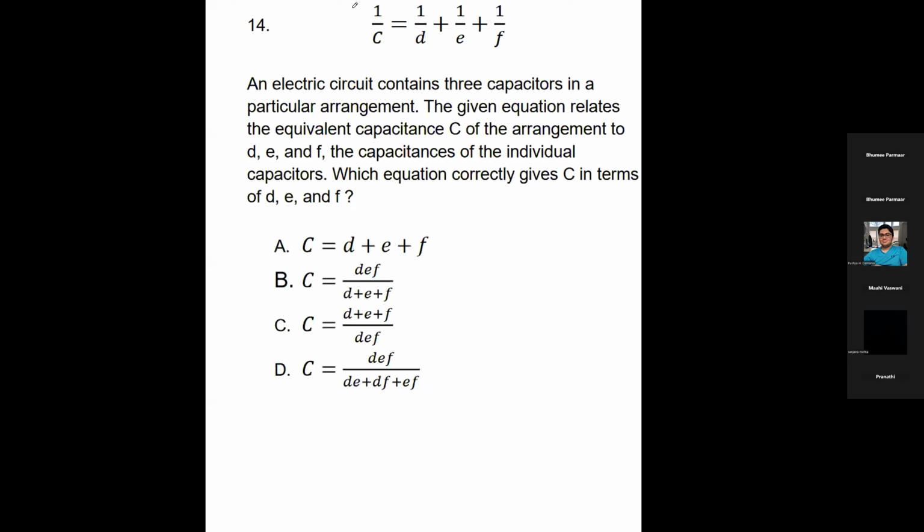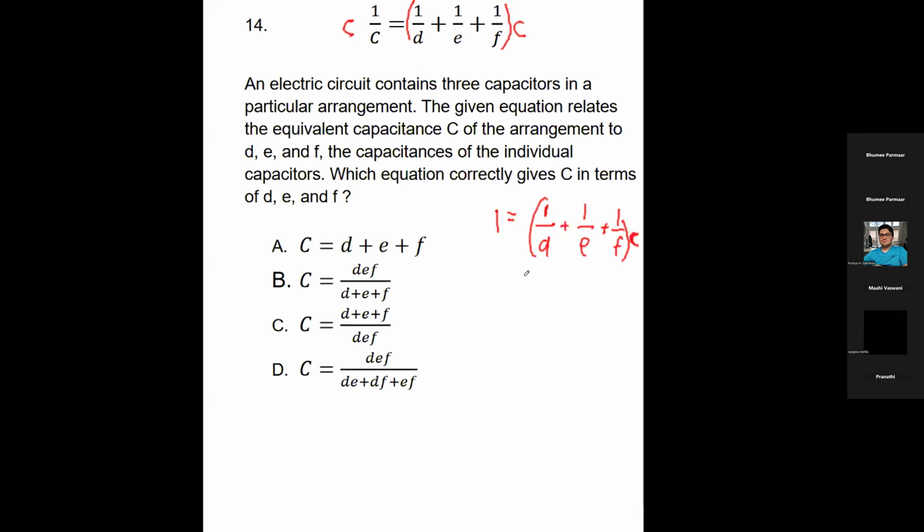So, the first thing you do is multiply both sides by C. So multiply this side by C, and then multiply all of this by C. So C times 1 over C gets you 1 equals 1 over D plus 1 over E plus 1 over F times C. So then you just have to divide both sides by this parentheses.